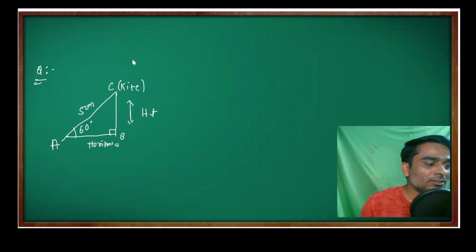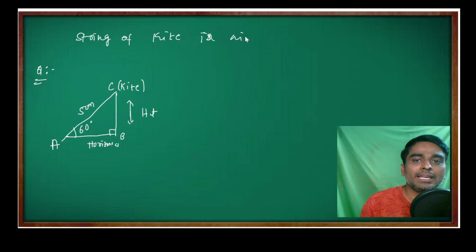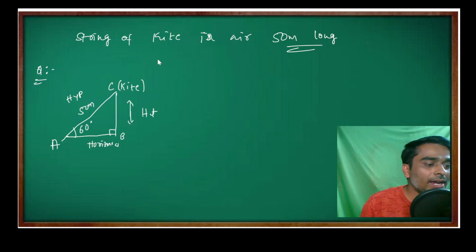I have written the figure already. The question is: the string of a kite in air is 50 meter long. So this is 50, the hypotenuse. And it makes an angle of 60 degrees with the horizontal. Theta is 60 degrees.